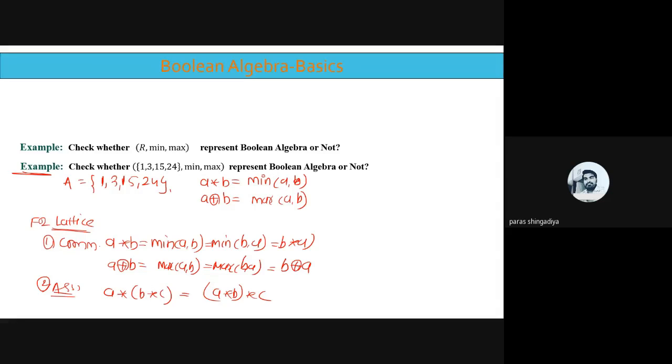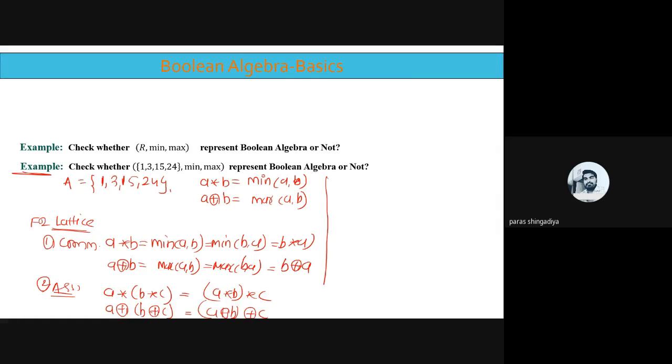Any set with minimum and maximum is a lattice, so just use this data and write it down. Similarly for the second part, A ring sum B ring sum C is equal to A ring sum B ring sum C. Clear? Just try it by yourself, it is very easy to check both sides.